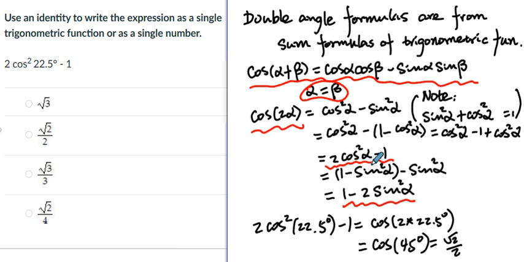Replace again cosine alpha squared by 1 minus sine alpha squared. And you have a minus here twice, so then it's going to be minus 2 sine alpha squared. 1 is positive. And you can make a comparison between those two.